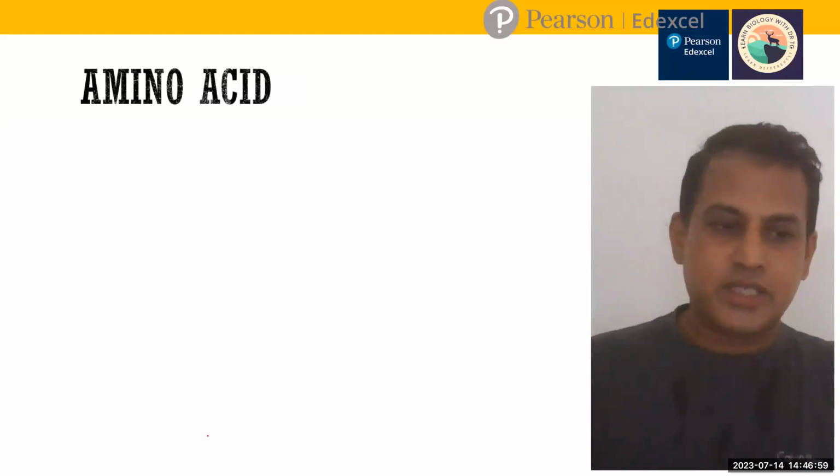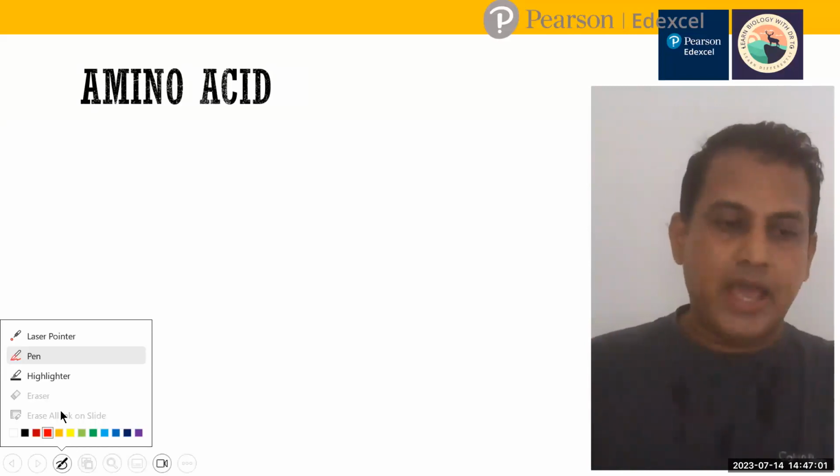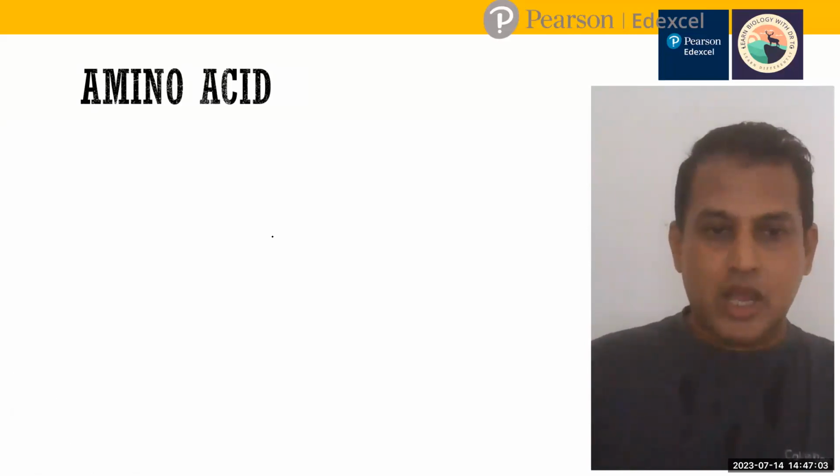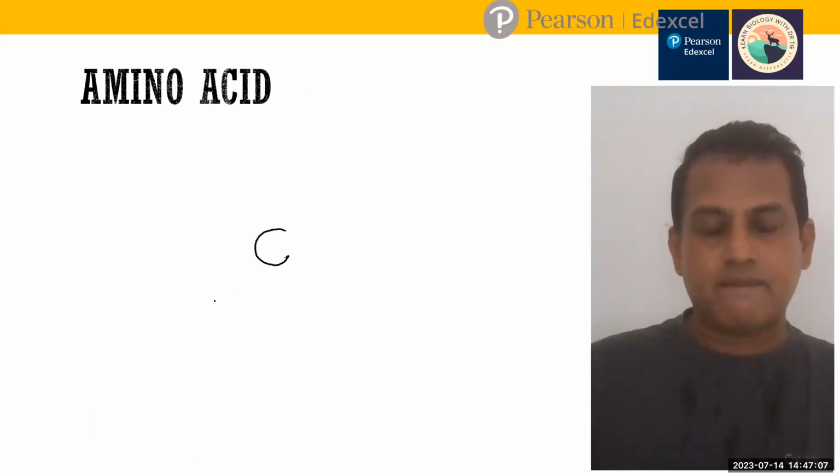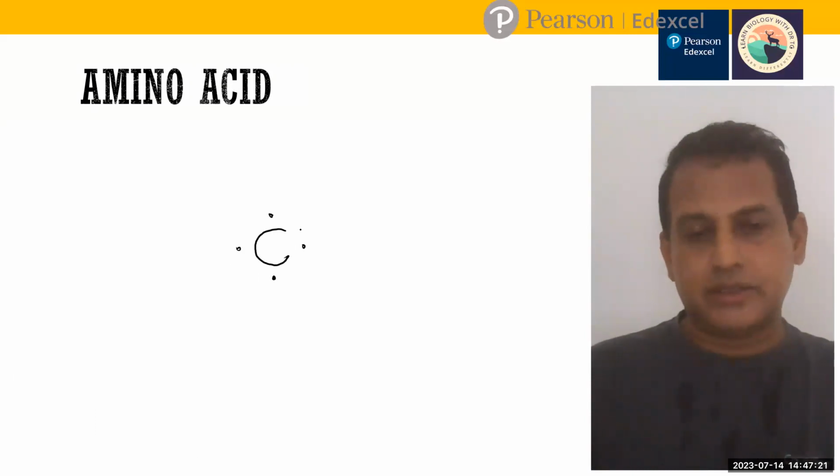All the amino acids have a common structure like this. Carbon. So carbon can make 4 bonds, 1, 2, 3, 4, because it has 4 electrons in the last shell. So these are the valence electrons.